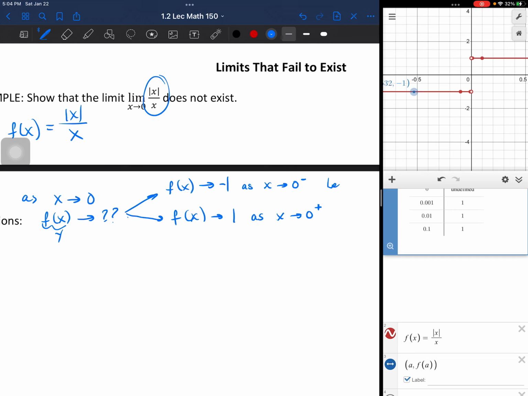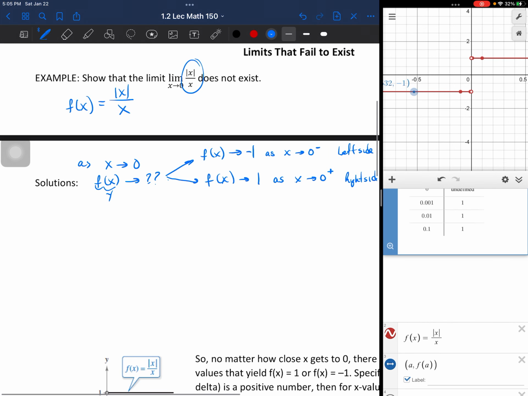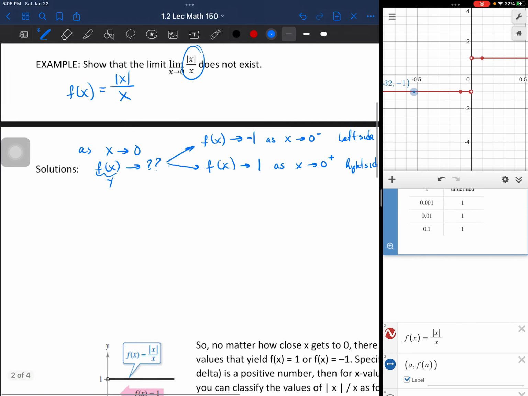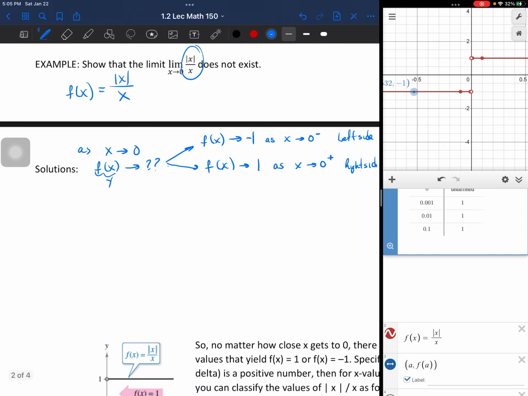So left side, right side. If we notice here, it is not approaching the same value, and that's the actual definition of a limit. In order for the limit to exist, it must approach the same value.